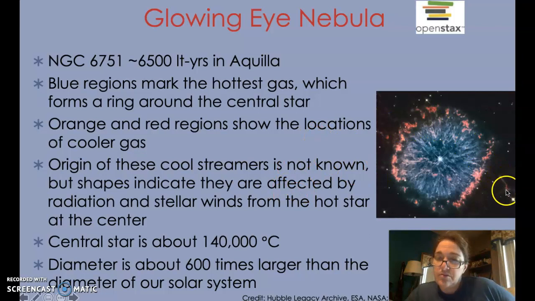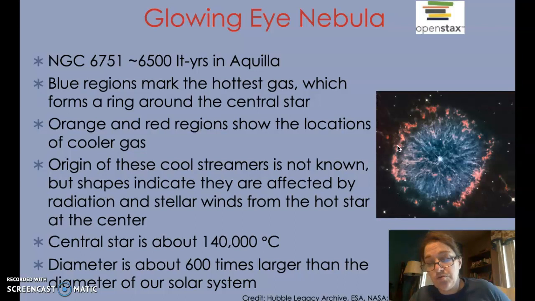These cool streamers out here that are farther away from the star, we think that is due to stellar wind pushing them out from the star. The central star in this case is about 140,000 Kelvin, and this entire structure is 600 times larger than the diameter of our entire solar system.